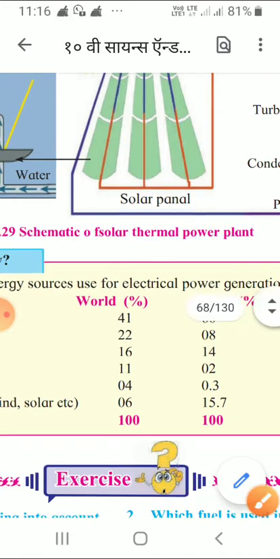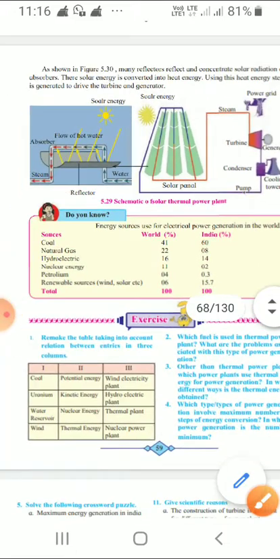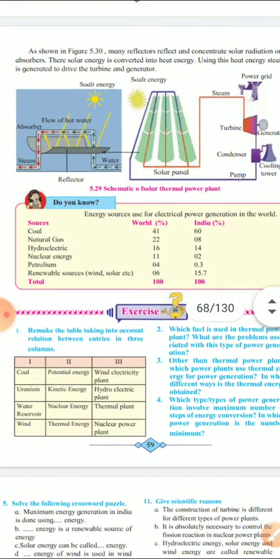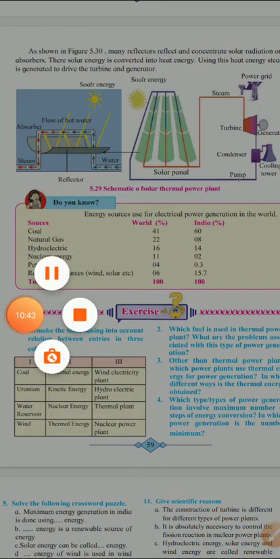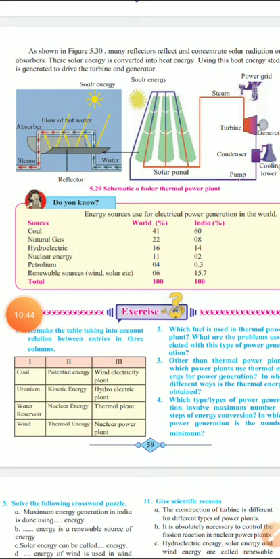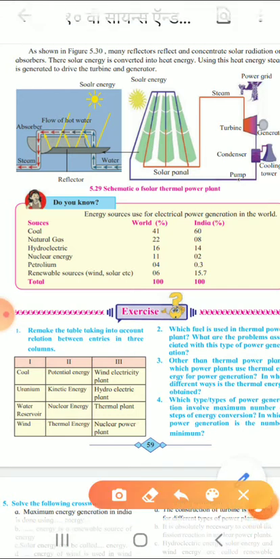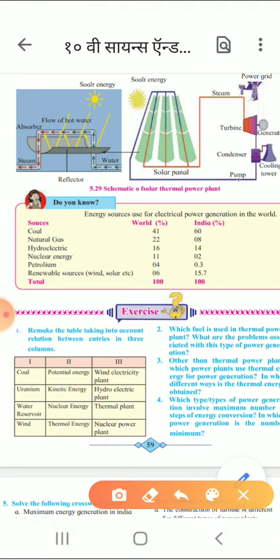Now we will see, children, how the generation of the energy sources for the electrical power generation is there. Now here this is the coal.